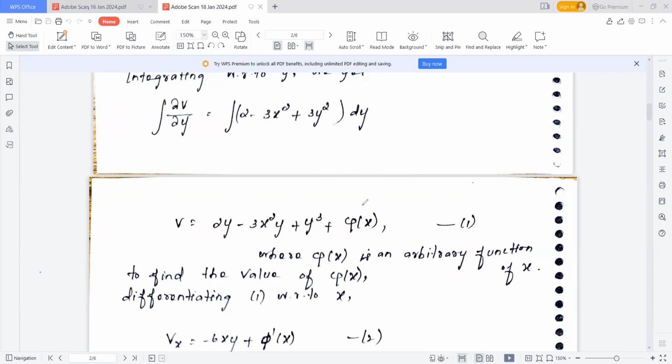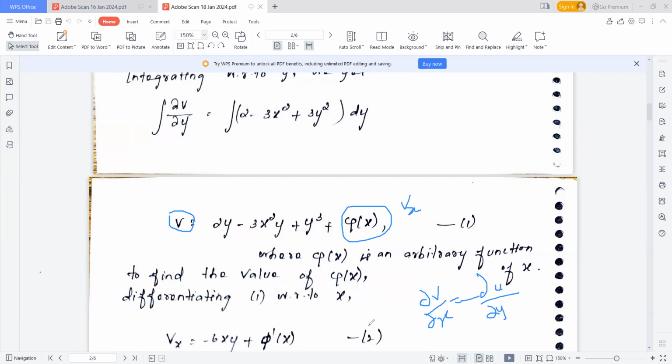Next our aim is to find the value of phi of x. For that, we have to differentiate this v with respect to x. Then using the CR equation, we have dou v by dou x equal to minus dou u by dou y.